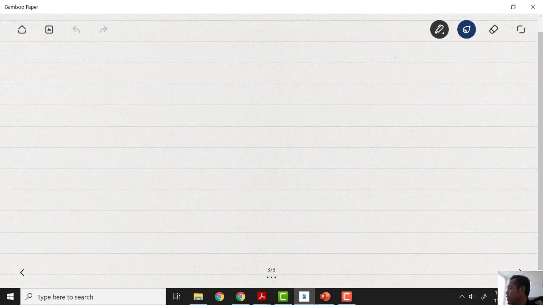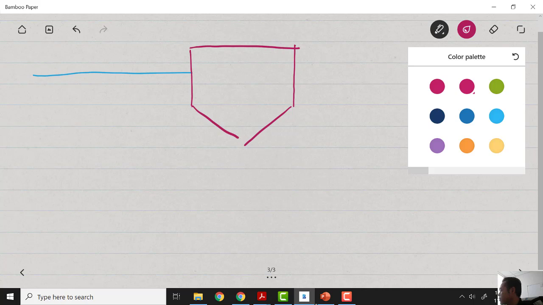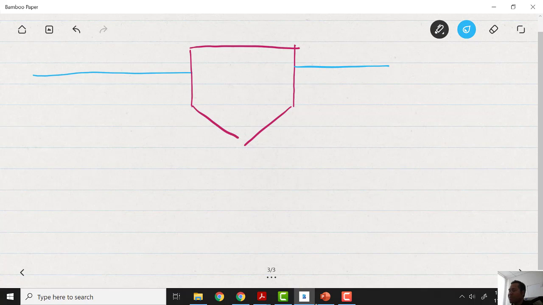For example, we have the water surface of a lake, and then you have a floating body, for example a ship looking like this. These are floating bodies. For floating bodies, as said before, the weight of the floating body is equal to the weight of the water displaced by the volume submerged in the water.